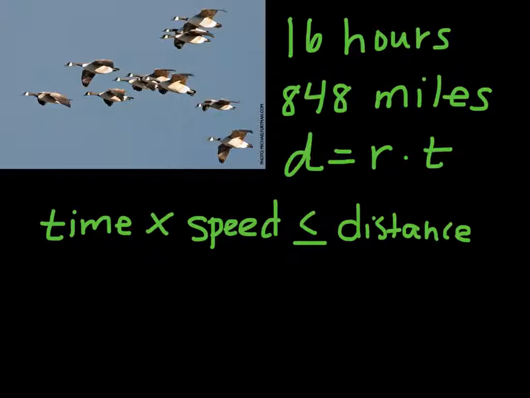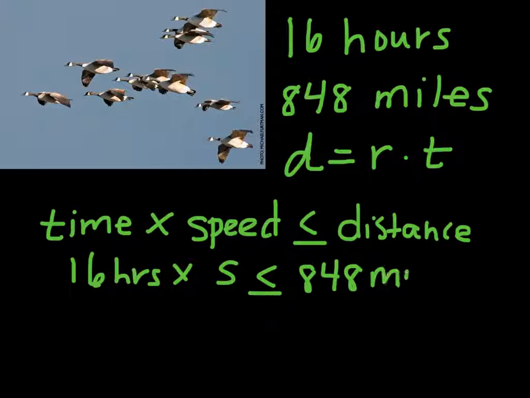Let's go ahead and fill in the numbers in this equation. Our time is 16 hours. Let's let S represent speed. And that's less than or equal to 848 miles, our distance. So we'll solve this inequality by dividing each side by 16.